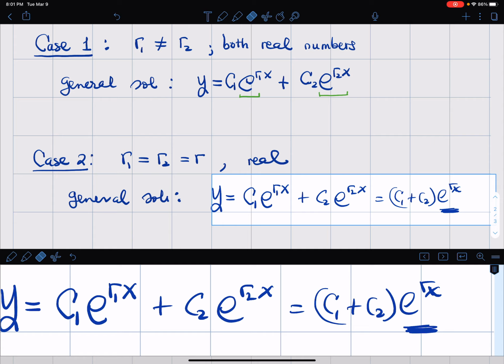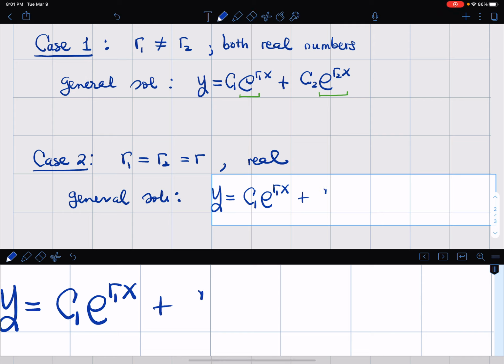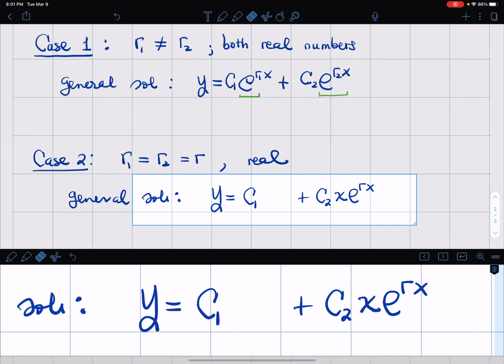So let's go ahead and try to change things up a little bit. I won't explain a whole lot, but the solution x e to the rx, since r1 is r, let's just call this r.